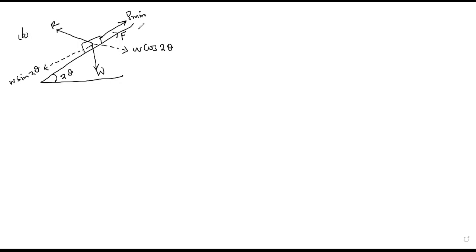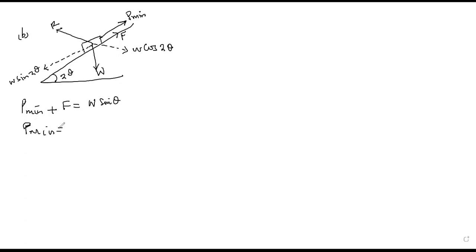So now for this case, when you are resolving, we shall have that P minimum plus F is equal to W sine 2 theta. But I'm interested in P minimum.